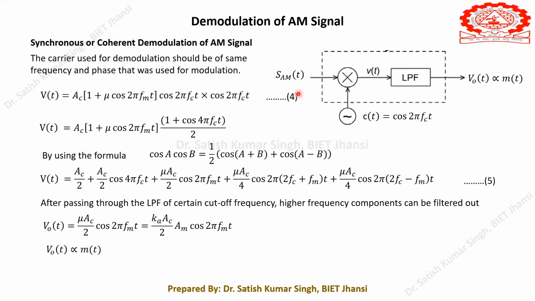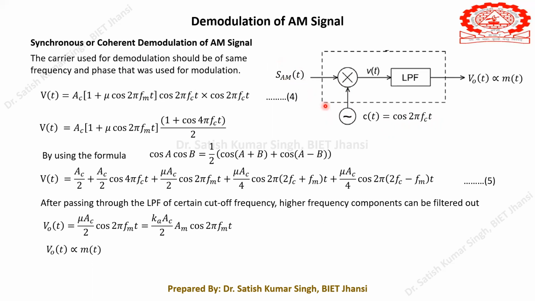First of all, one of the signals that we have to apply is our modulated wave. We already have our modulated wave as s_AM(t). This wave is going to be applied to this particular product modulator, and then the other signal will be our same carrier wave, the carrier wave that we used for modulation.